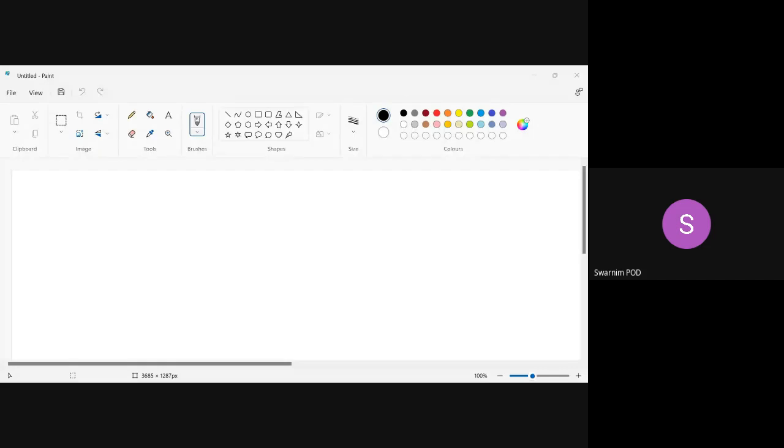Right. Is my screen visible? Yes, no. Do you see any kind of flicker? No issues, right, on the screen? No. Okay.